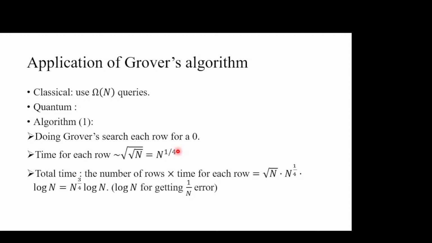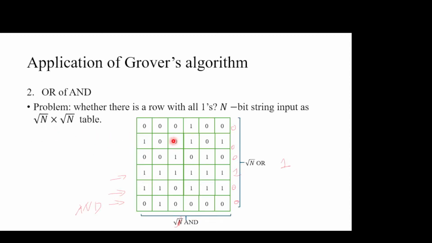A very natural algorithm is you just do Grover search on each row. We said before you can use Grover search to do the AND function, so you do Grover search on each row, and then you see the result and calculate the OR of it.